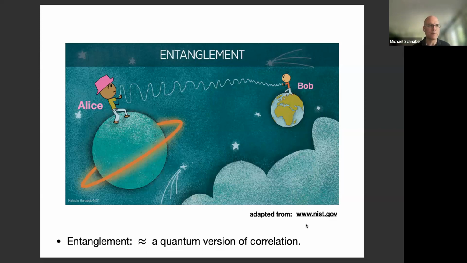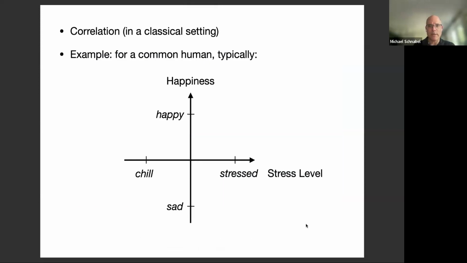So in principle, you may never be able to compare, but they will still change in unison or affect their state in unison. So there's a subtle difference between entanglement and correlation. Just mentioning it here.